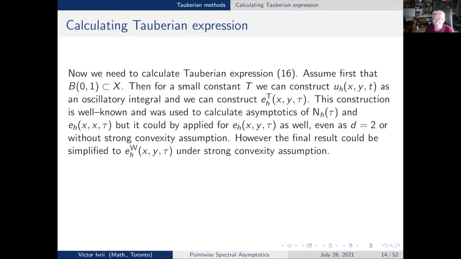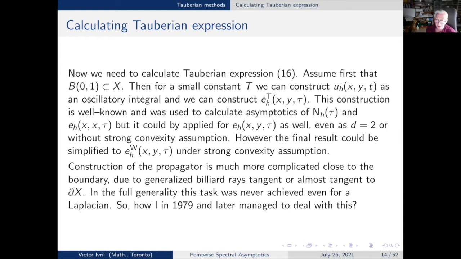However, then the final result could be quite complicated because it would include some unknown phase function, and only under strong convexity assumptions or similar could it be simplified to the expression which was given before.